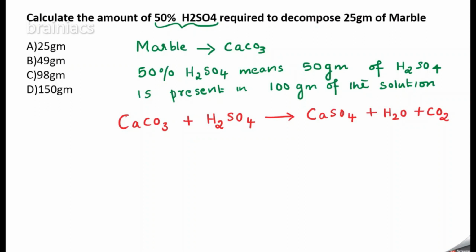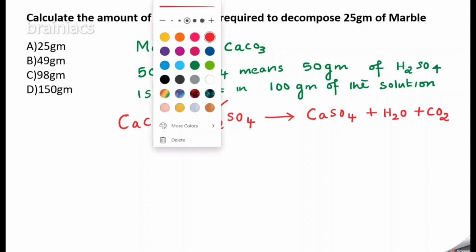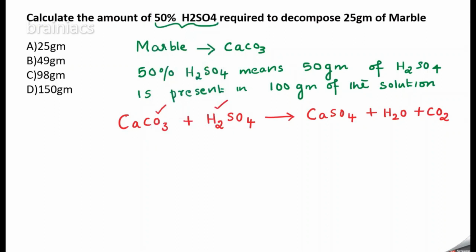Now, we need to link between sulfuric acid and marble, that is calcium carbonate. These are the two terms you need to link. So as per this, what is the stoichiometric ratio? Can you tell me? The stoichiometric ratio is 1 is to 1 is to 1 is to 1 is to 1.